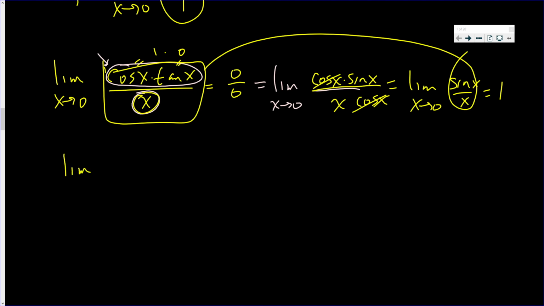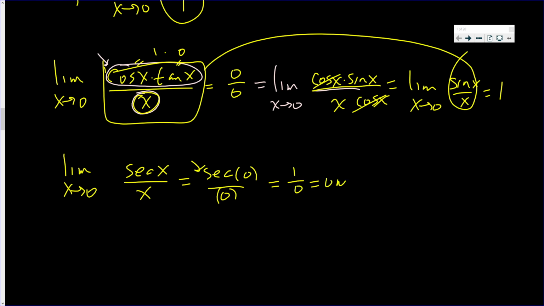What if you have the limit as x goes to 0 of secant x over x? Well, if you directly substitute, you get secant of 0 over 0. Secant is the reciprocal of the cosine. The cosine of 0 is 1, and the reciprocal of that is 1.